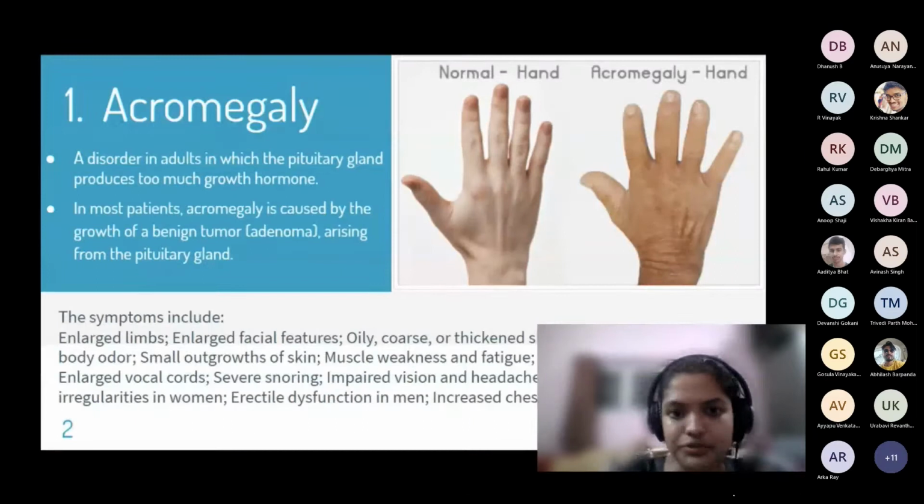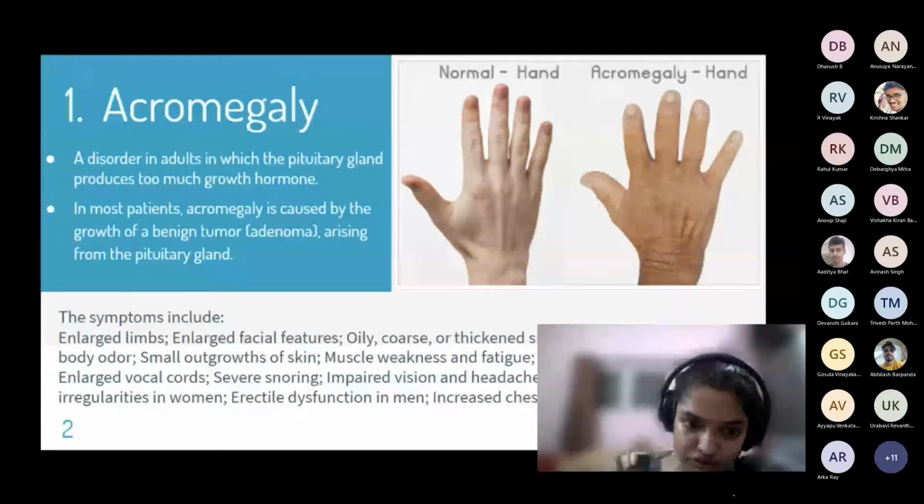One of the previous projects presented did discuss acromegaly. Just to recap, it is a disorder that occurs when there is too much growth hormone in adults. It is mostly a benign tumor in the pituitary gland, which is known as an adenoma.